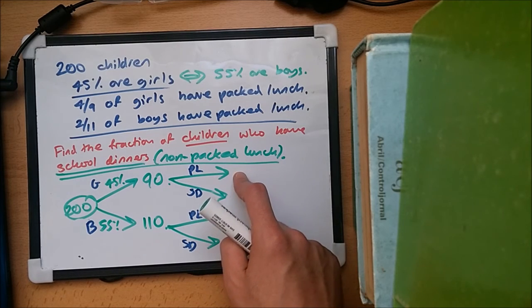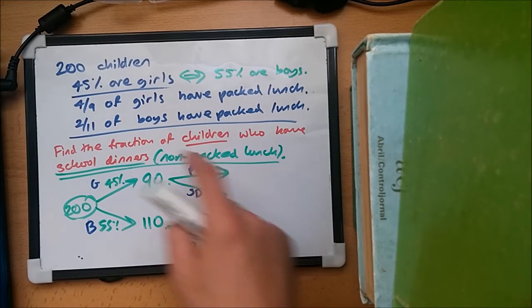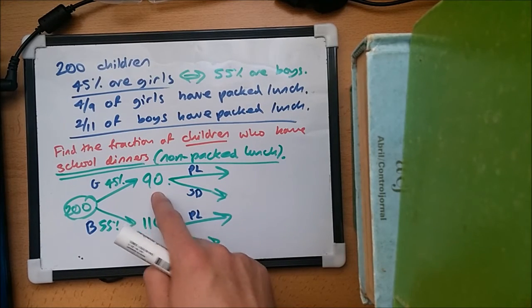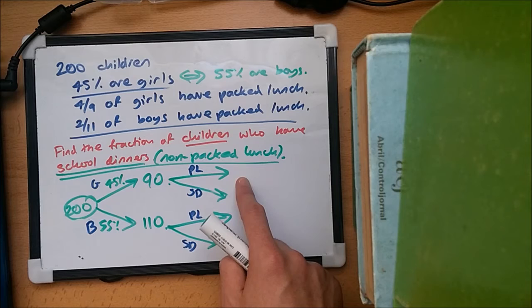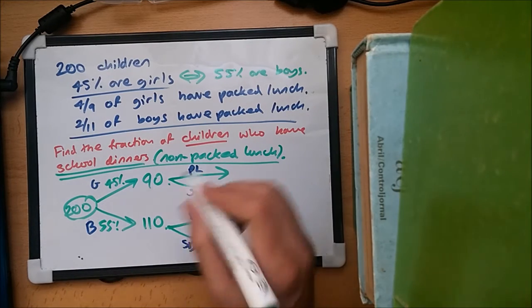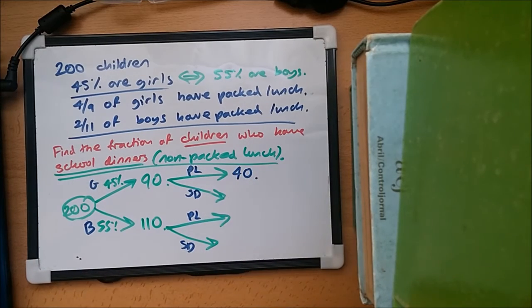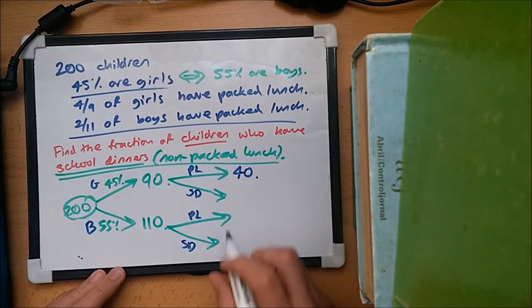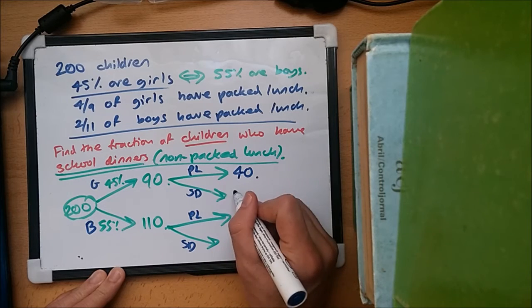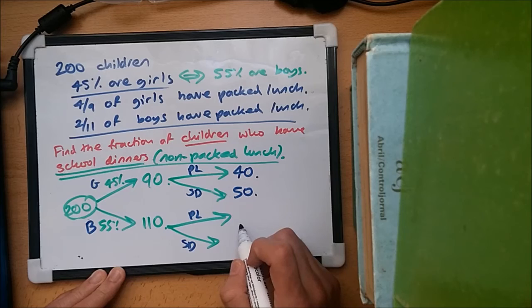Now, packed lunch. 4/9 of girls have packed lunch, so you do 4/9 times 90 to get the amount. On the calculator, type 4/9 times 90, and you should get 40. And now doing some mental maths, 90 subtract 40 is 50. So 50 girls have school dinners.